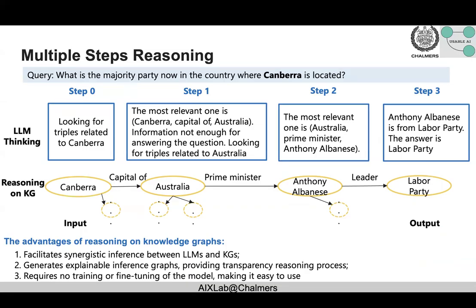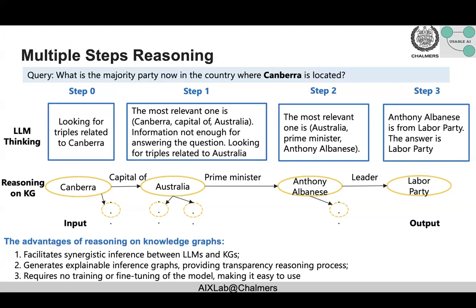Here is an example: what is the majority party now in the country where Canberra is located? First, look at the first entity, Canberra, and then think to find the next entity, the capital of Canberra in Australia, and then think about the next step. They search a lot of entities and select the most related one.